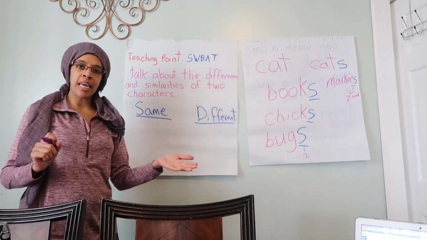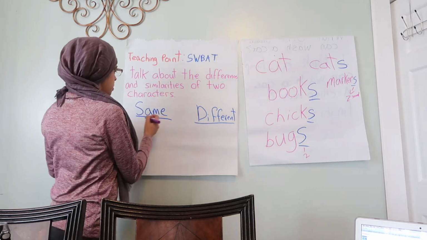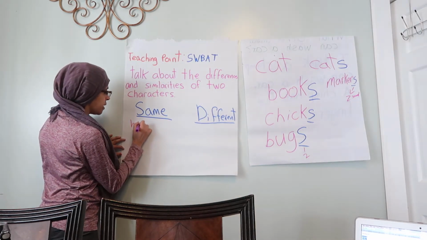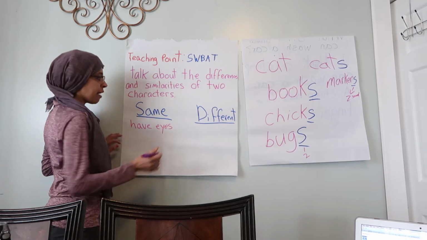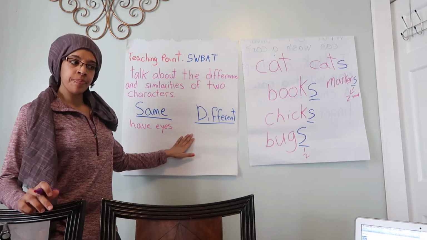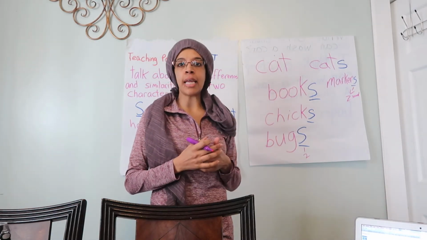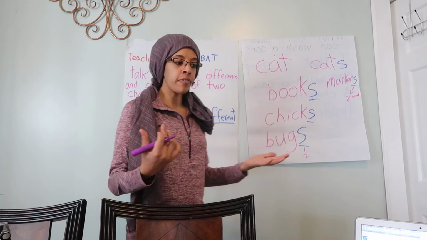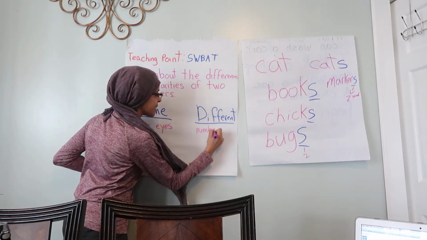So one way they're the same is they both have eyes. They do have eyes. So have eyes. That's all I'm going to write. But how they're different? How they're different is the number of eyes that they have. The number is different. Number of eyes.